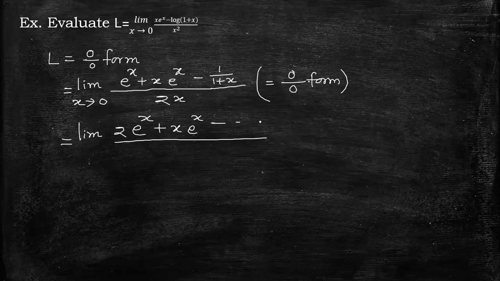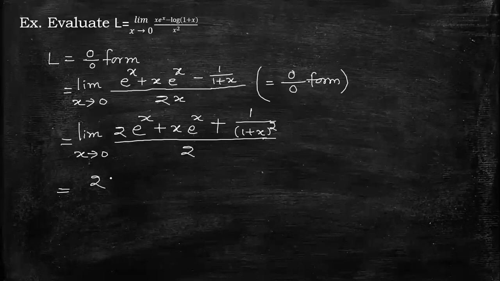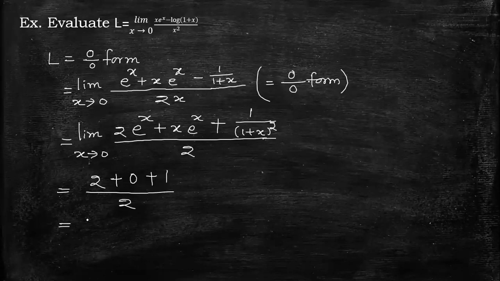Then minus the derivative of 1 upon 1 plus x, which is minus 1 upon 1 plus x to the power 2, and divided by 2 as x tends to 0. So this is equal to 2 plus 0 plus 1 divided by 2, and the answer is 3 by 2.